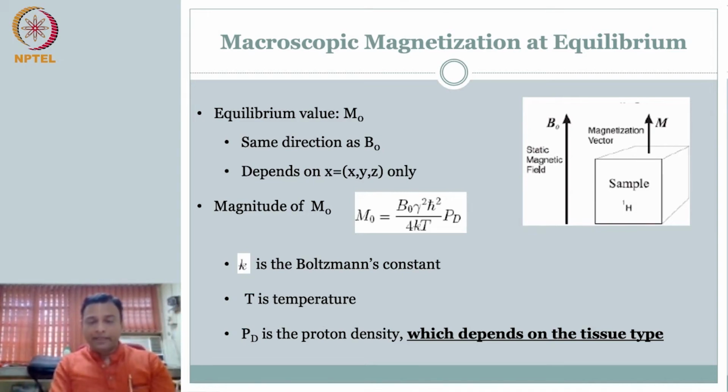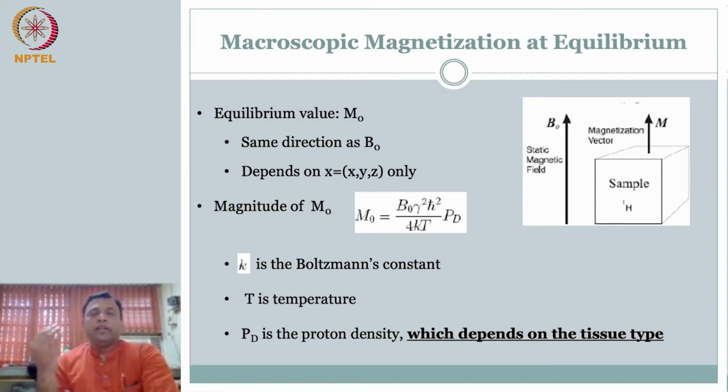You have the magnetization vector M naught, which at equilibrium is dependent on B naught, the field strength of the static magnetic field, and proportional to the square of the gyromagnetic ratio. What is that gyromagnetic ratio? It is a material property. If I choose my material, if I say I am interested in hydrogen, then the gamma is the same.